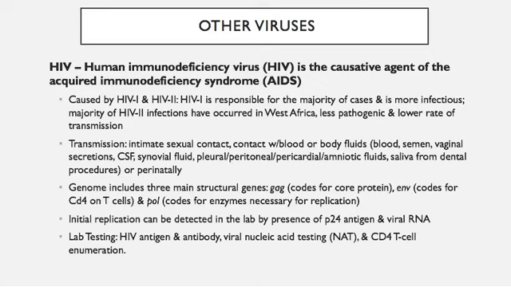So the initial replication can be detected in the lab by the presence of the P24 antigen and viral RNA. So our lab testing that would be performed: HIV antibody detection, HIV antigen detection, viral nucleic acid testing, and CD4 T cell enumeration.